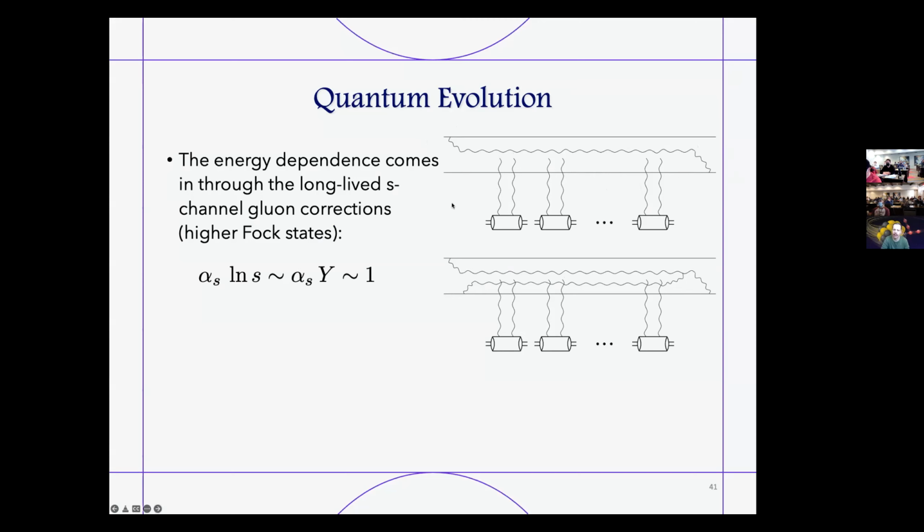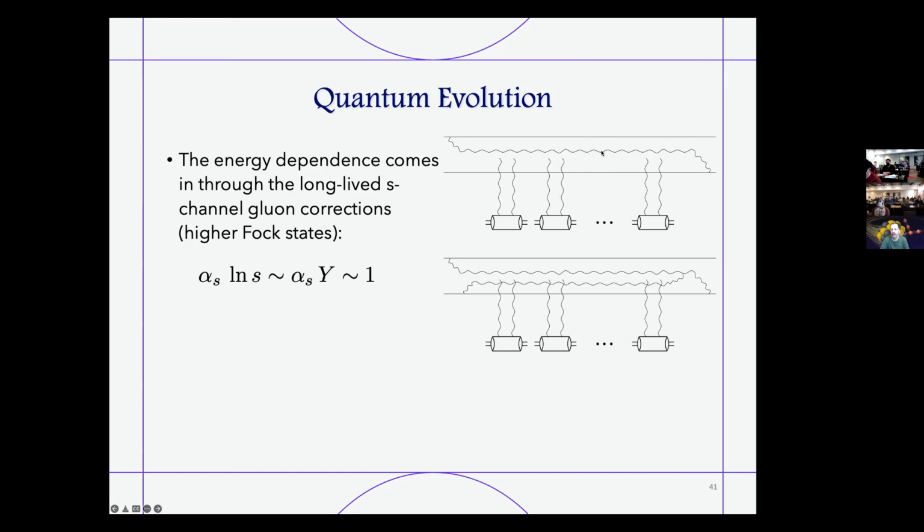Why can't the quark and antiquark emit a gluon here, kind of a somewhat jagged line, that would also interact with the nucleus, like a long-lived s-channel gluon? Well, you say an extra gluon is an extra suppression by a power of alpha_s, but if you integrate over the phase space of this gluon, the gluon has some transverse momentum, some longitudinal momentum, you integrate over those momenta.